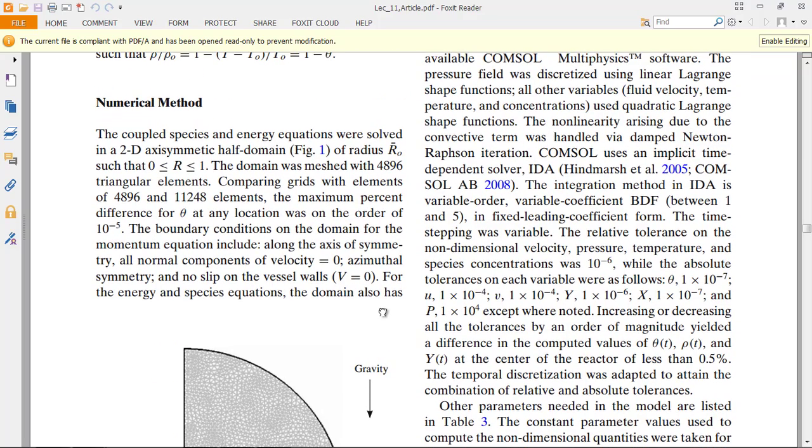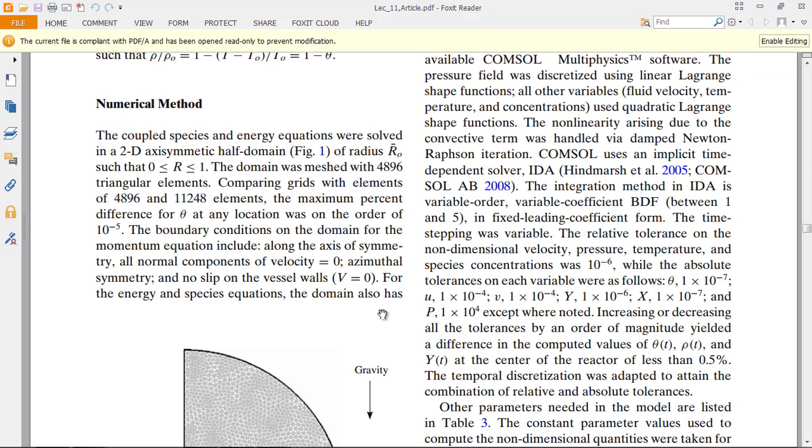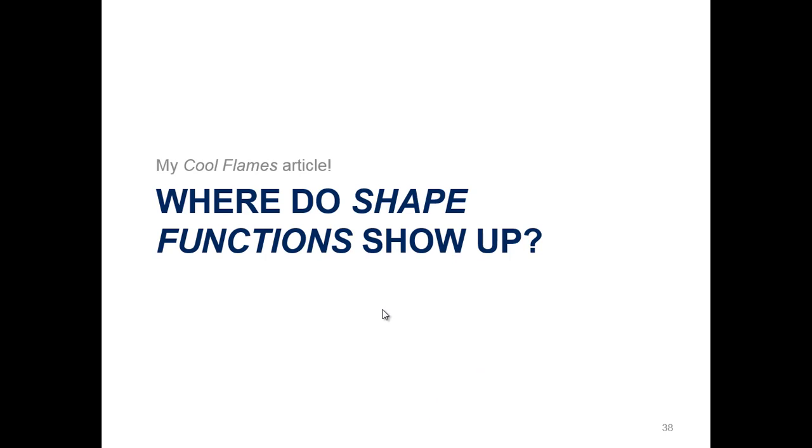And there were also concentrations. I was looking at how species would change from essentially propane and oxygen to other intermediate species. So all those things were changing. Those got the quadratic elements, the finer evaluation, versus the linear elements. All right, so hopefully that gives you an idea about how we can use those and the value of them.